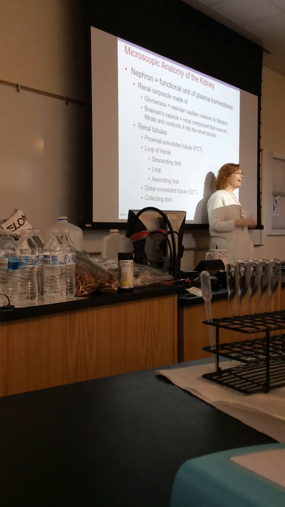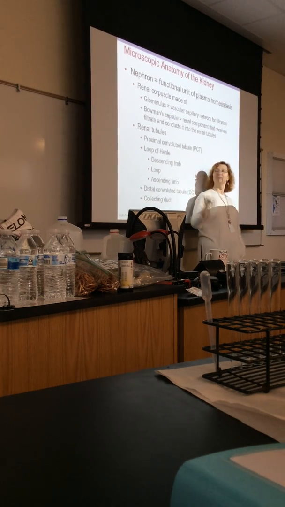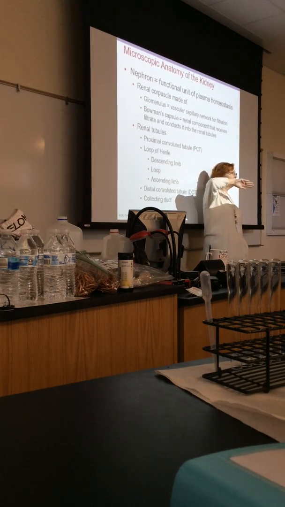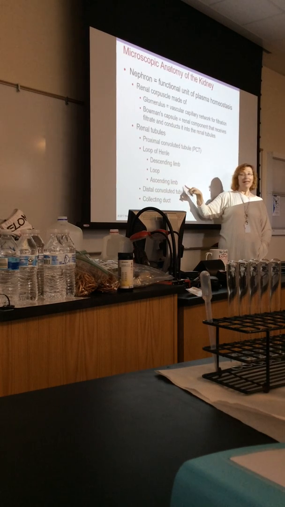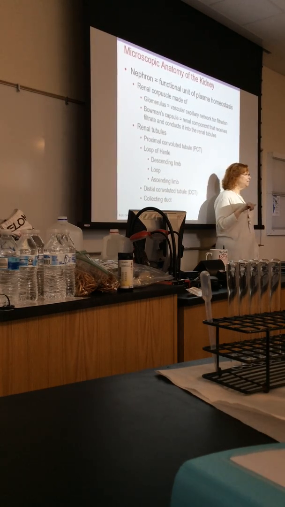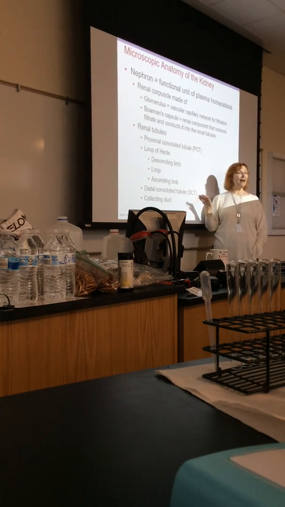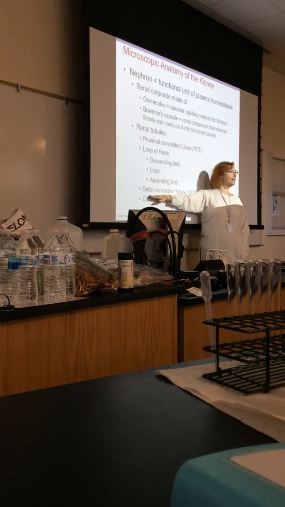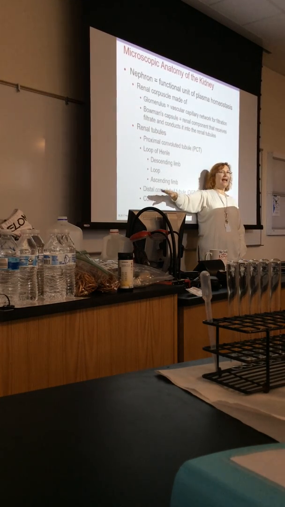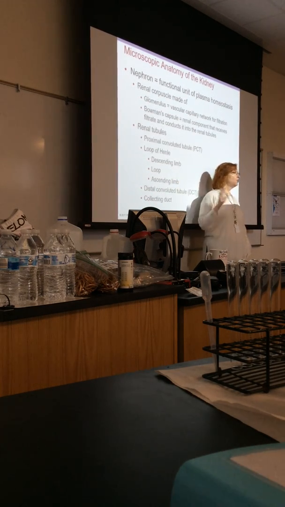The loop of Henle has three parts. It has a part that goes down, that's the descending limb. It has the actual loop itself at the bottom. And then if it goes down, what goes down must come up. It has an ascending limb. Then we're past the loop of Henle, and now we have more tubule that's called the distal convoluted tubule. Up to here, we're looking at the filtrate from one individual nephron.